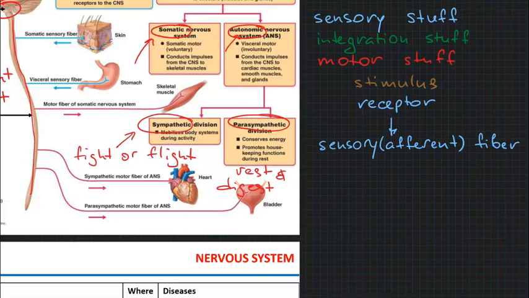The term fiber, I don't really like it, but the term implies it's kind of a nerve. You can use nerve, you can use it for a neuron, okay? And that sensory signal, remember, blue is sensory, reaches your central nervous system, okay?